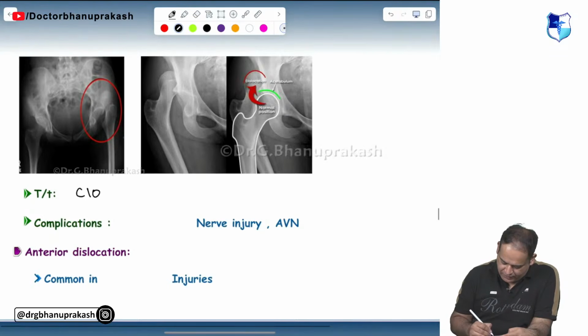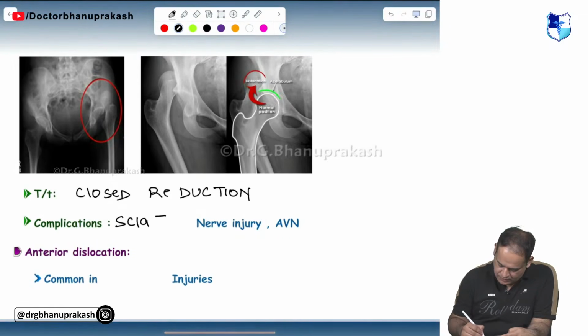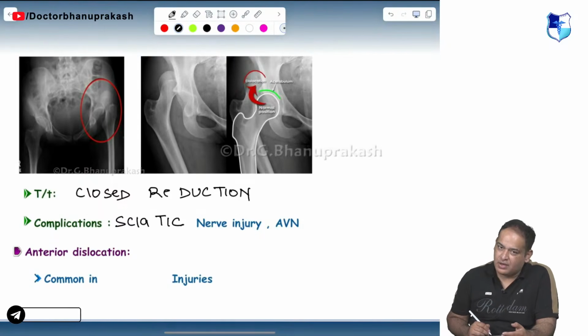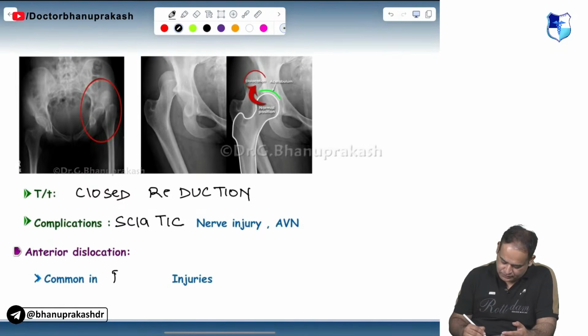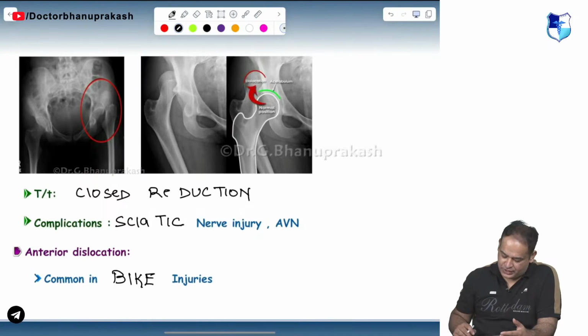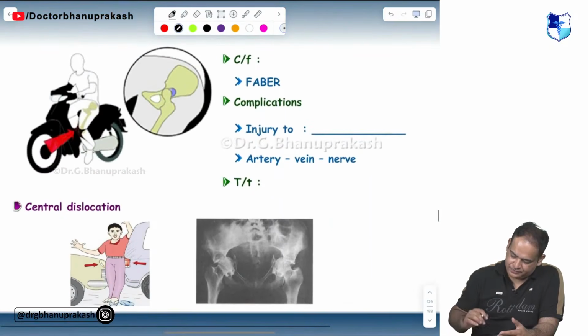What is the treatment? Closed reduction. What complications? Sciatic nerve injury and avascular necrosis. Anterior dislocation, common in bike injuries, like this.